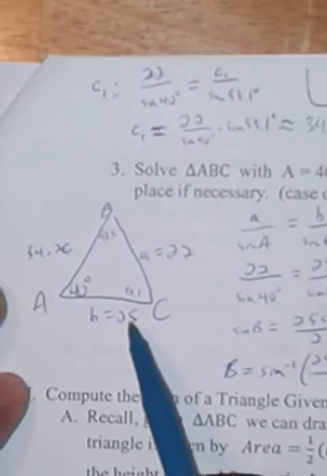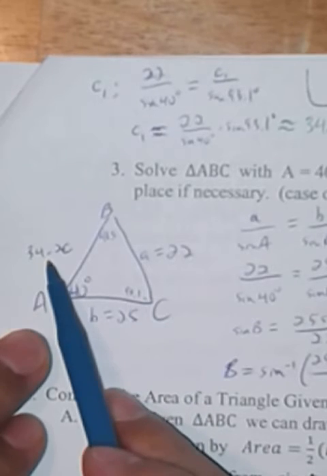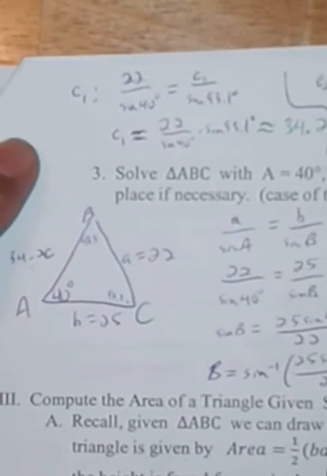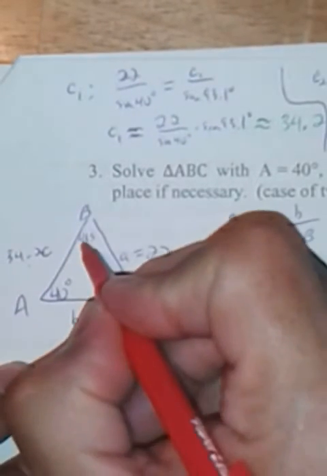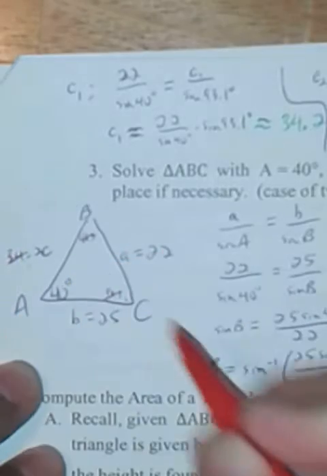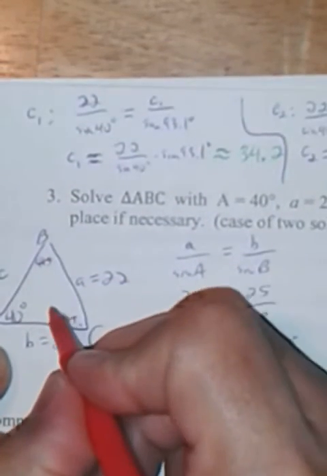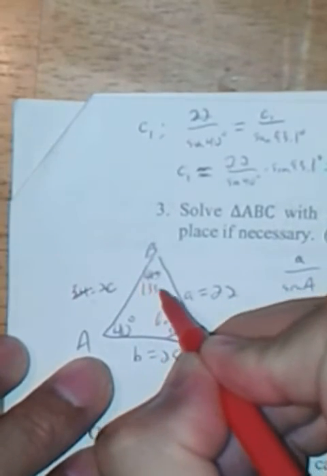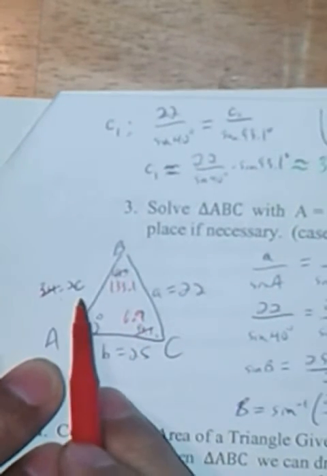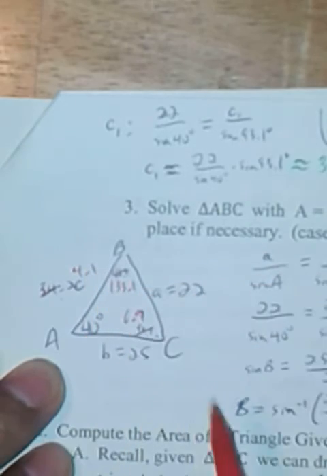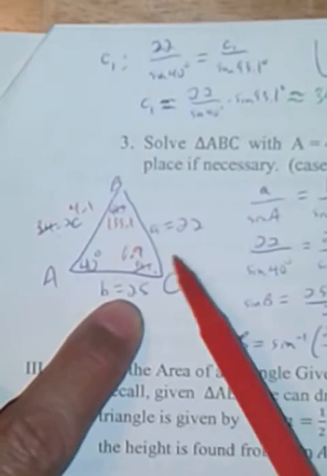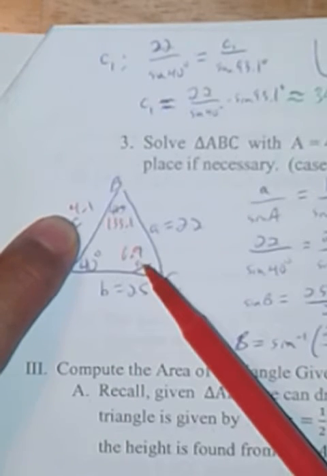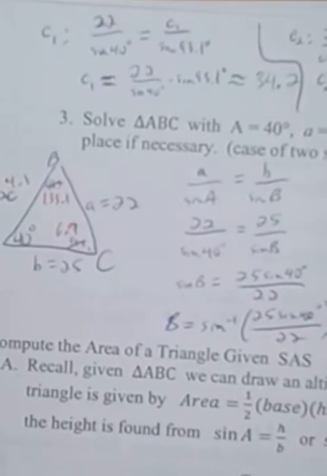Notice the biggest angle is opposite the longest side, and the smallest angle is opposite the smallest side. And the other possibility was C2 was 6.9, B2 was 133.1, and then c sub 2 would be 4.1. And you'll notice the biggest angle is opposite the longest side, and the smallest angle opposite the shortest side. So that verifies that we're okay.